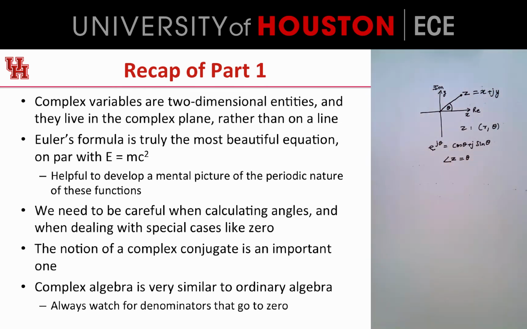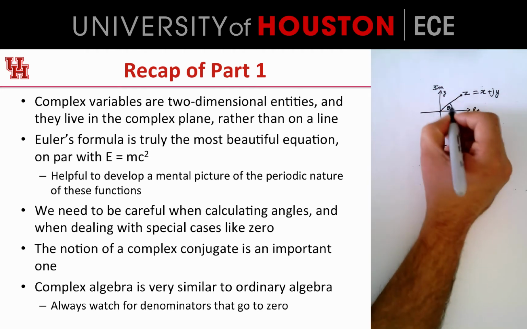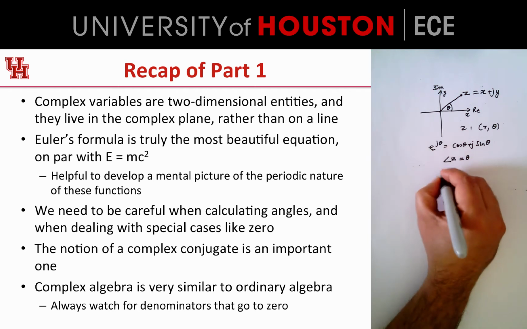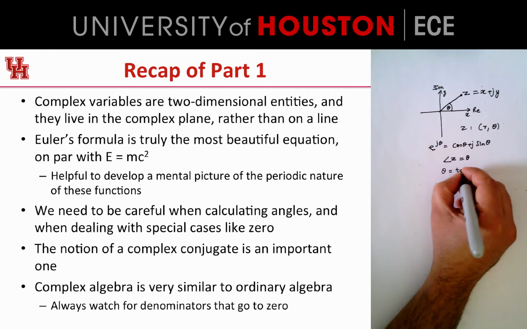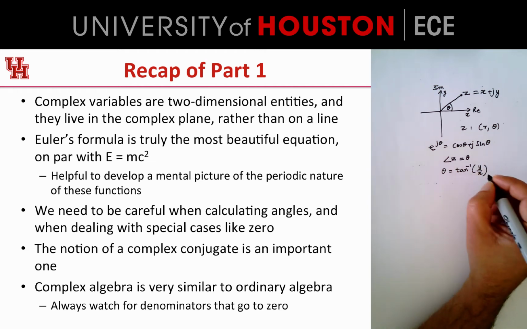Now, in calculating this angle, you want to go back and think about how it works, right? Now, if you just go by the simplistic formula that says theta is the arctangent or the tan inverse of y over x, right? That's not going to be enough, right?